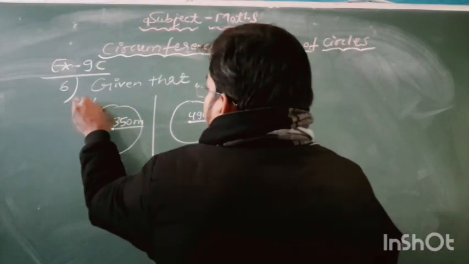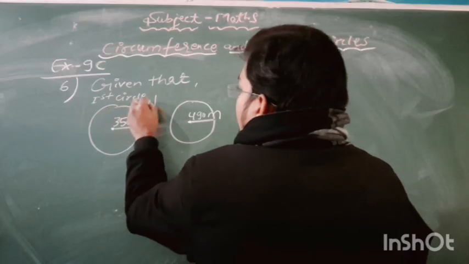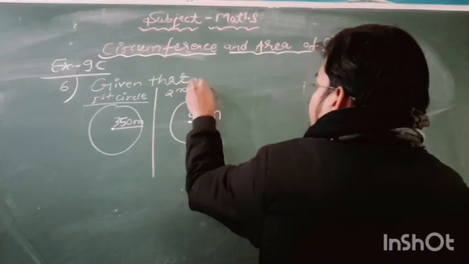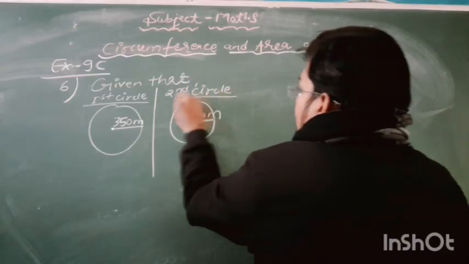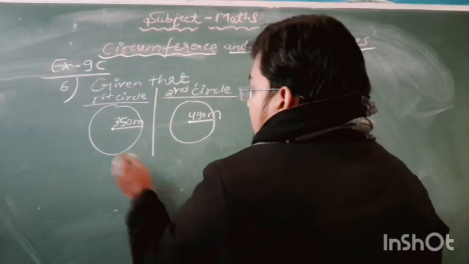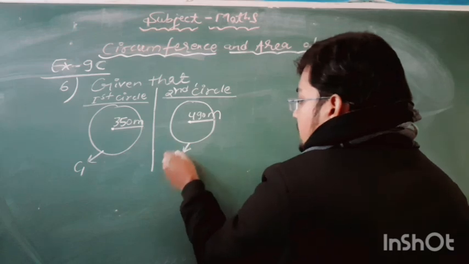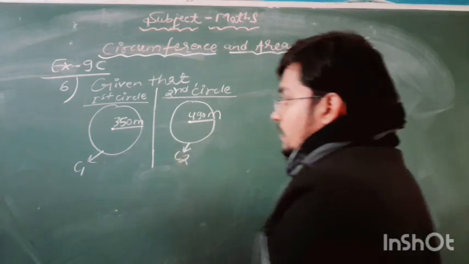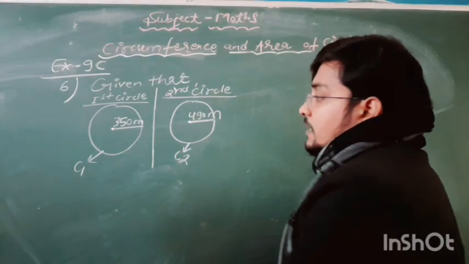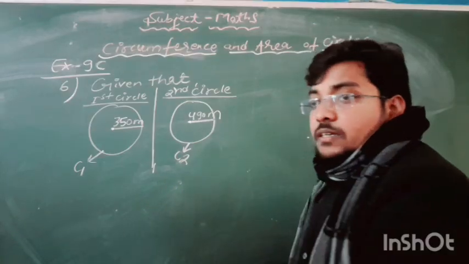It is the first circle, and it is the second circle. Then its circumference is C1 and its circumference is C2. So we have to find the difference between the circumferences of two circles.